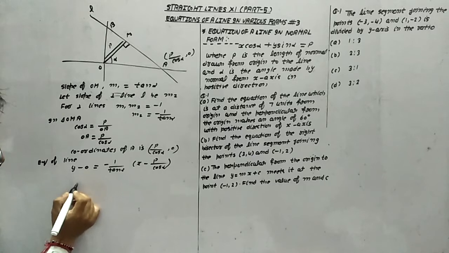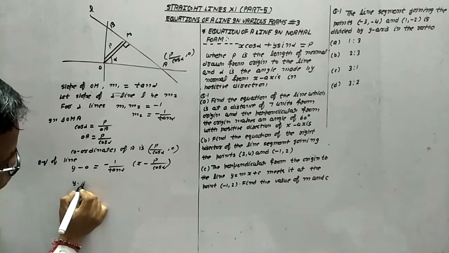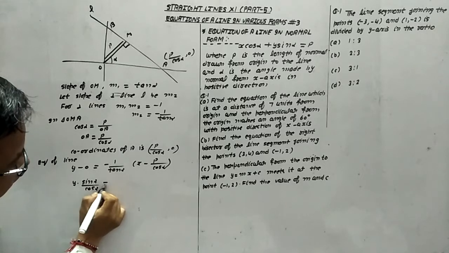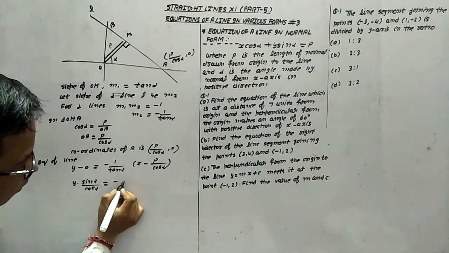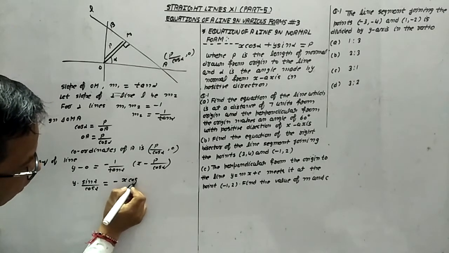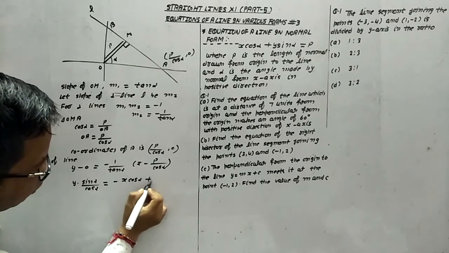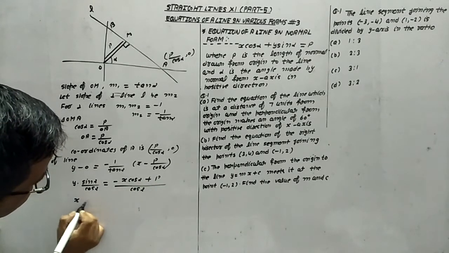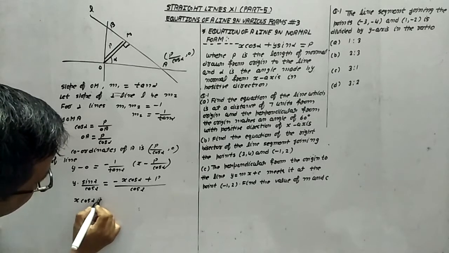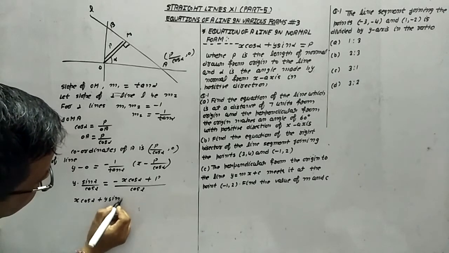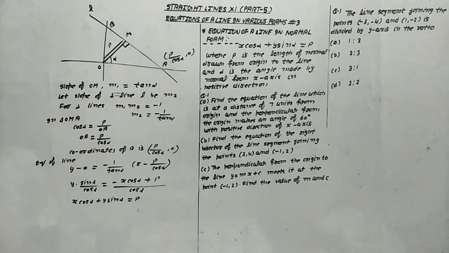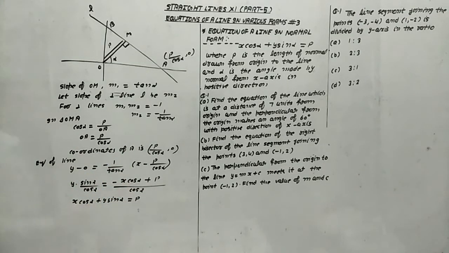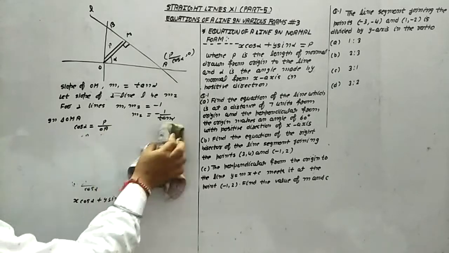Now by cross multiplication, y into sin alpha upon cos alpha is equal to minus x cos alpha plus p upon cos alpha. Cos alpha cancels out. It means x cos alpha plus y sin alpha is equal to p. And this is the way to find the equation of a line in normal form.